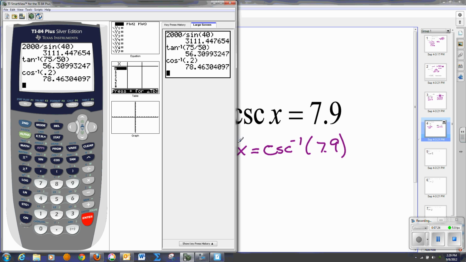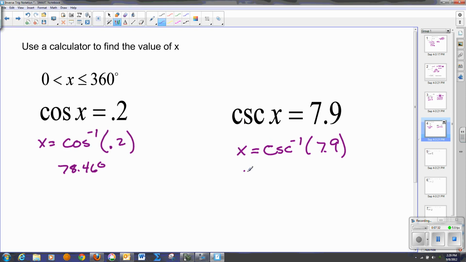However, I know that I can rewrite cosecant as a form of sine. Cosecant is the reciprocal of sine, so I can say that sine of some theta value, or x, is equal to 1 over 7.9.